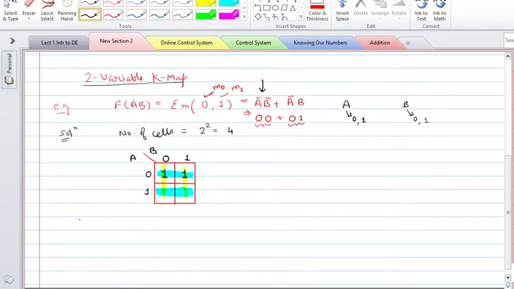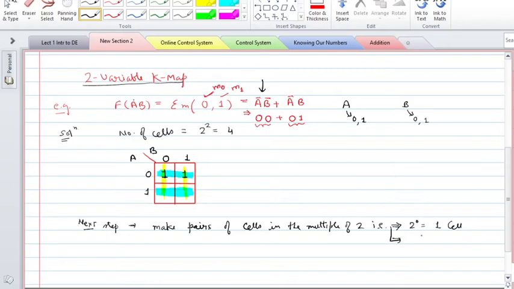Now in the next step, make pairs of cells in multiples of 2, that is either 2 raised to power 0, that is one cell, 2 raised to power 1, that is two cells, 2 raised to power 2, that is 4 cells, with cells containing 1.